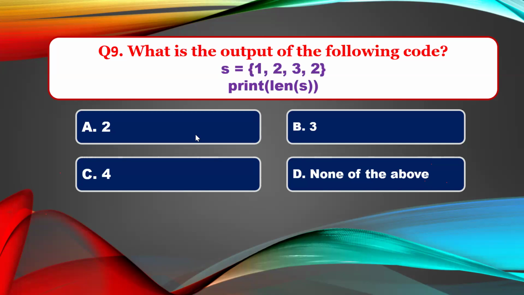Because duplicates are not allowed. This is not a dictionary, Prakash, it is a set. In a set, duplicates are not allowed. So if there are two twos, it will keep only one two. So in total there are three elements. The answer is B. Okay, let's see the next one.